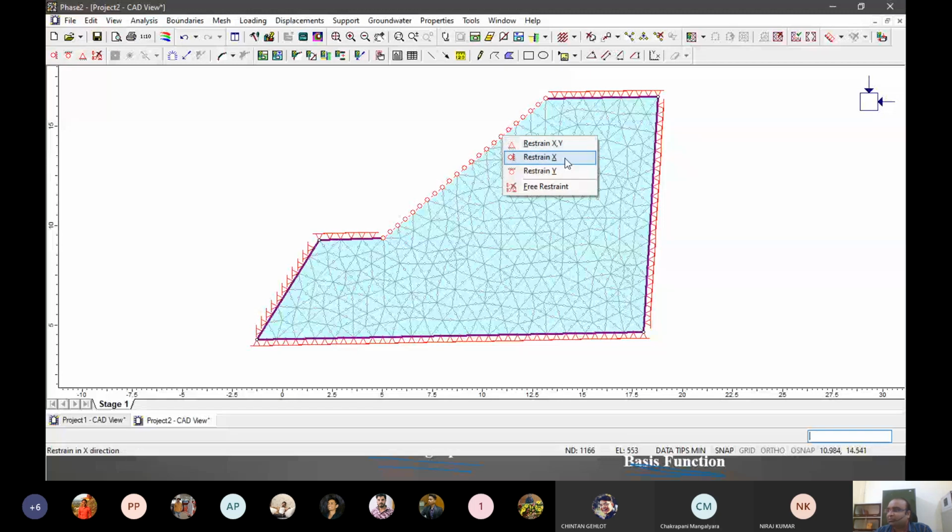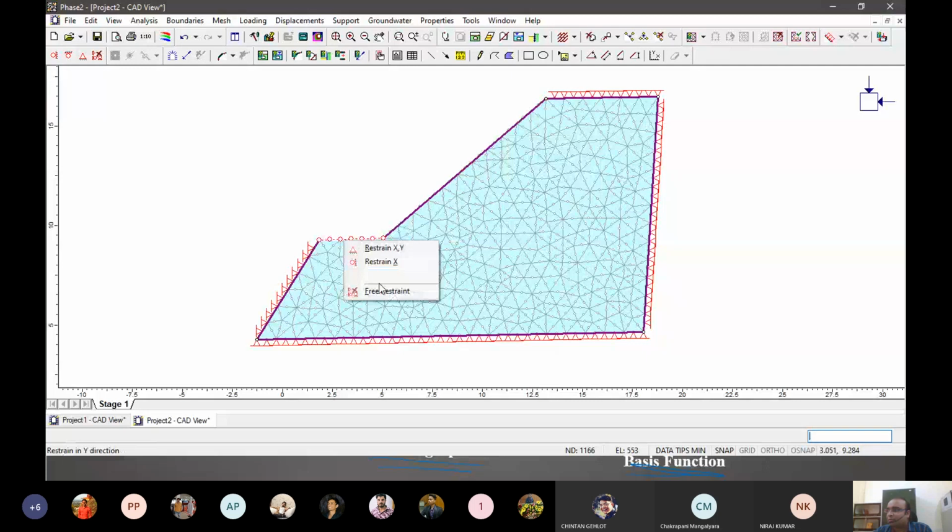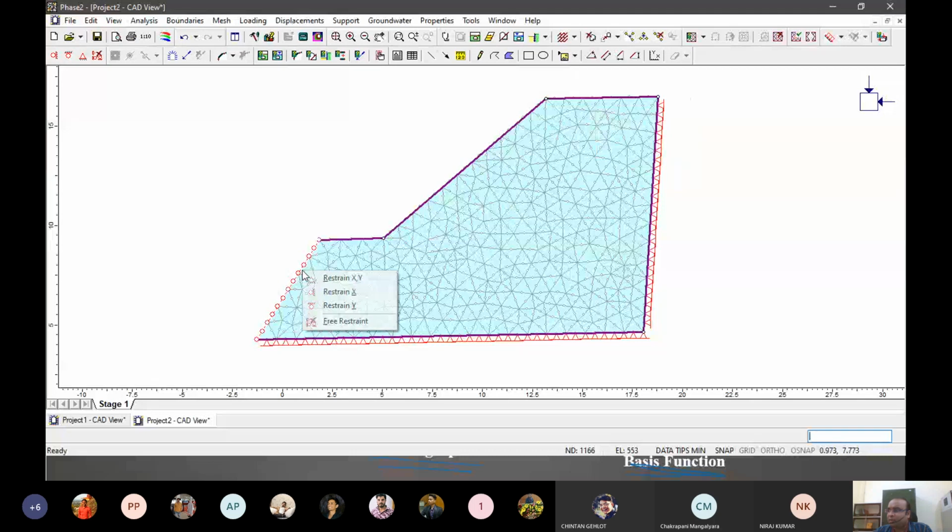So we can free the restraints. X and Y both are allowed because we want to see what kind of failure will be there. But on the boundaries of this, we can either keep it like this because the base has to be held in place.